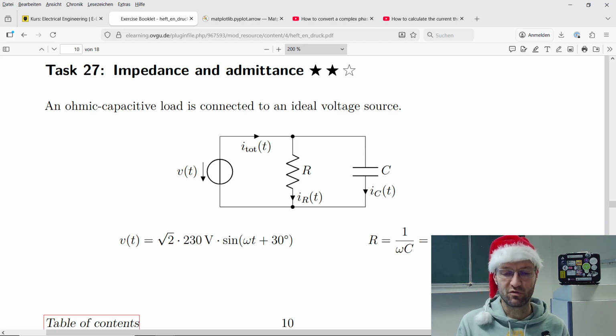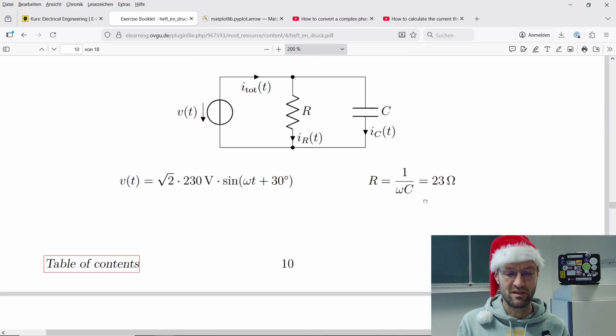The unit is also ohm, so this and this should be more or less equal in value. So the current at the end should split up with the same magnitude here and there, because they have the same kind of impedance.